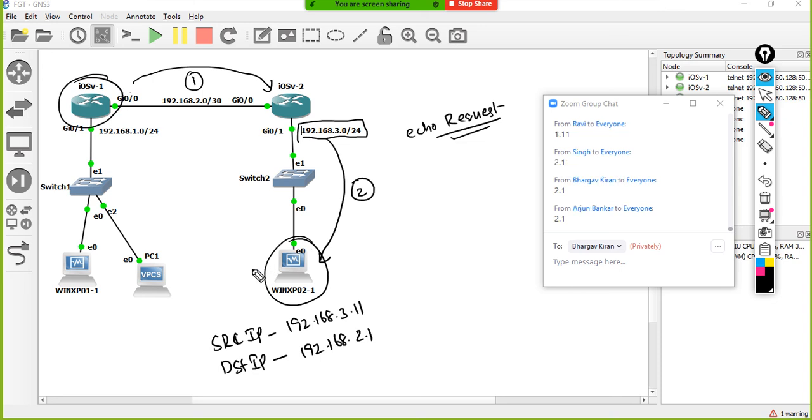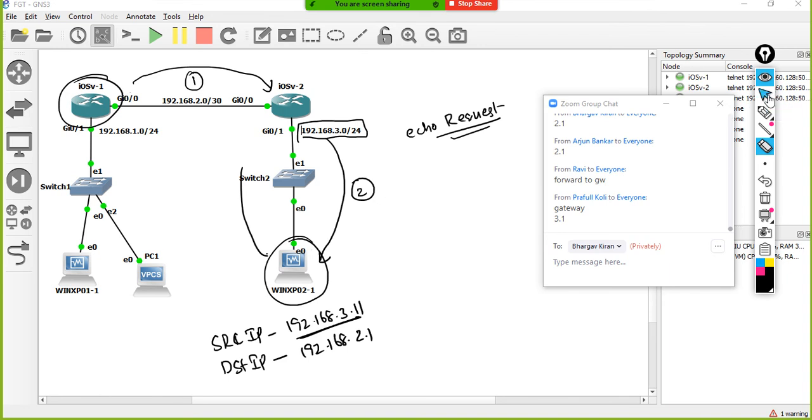What will Windows XP do? He will forward to the gateway. Why? Because you said that if you are trying to communicate with any unknown network, send it to the gateway. Right or wrong? Madam Singh, are you okay?